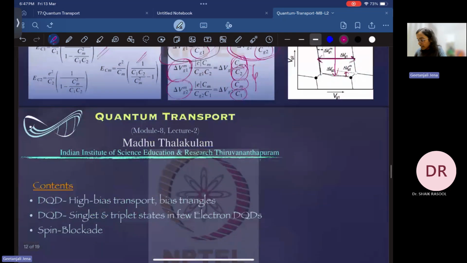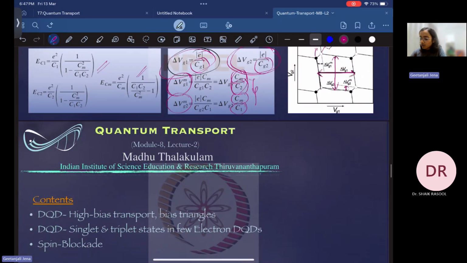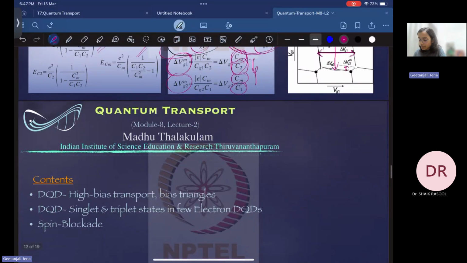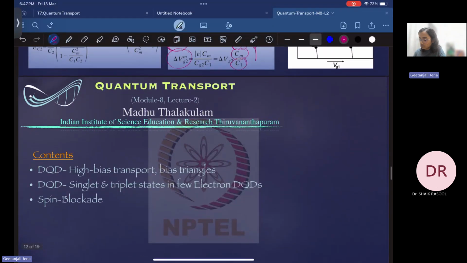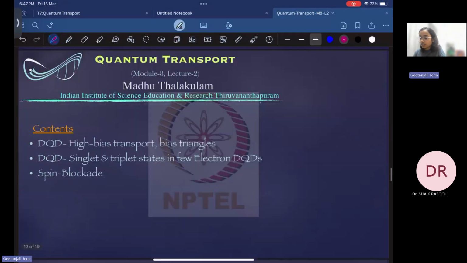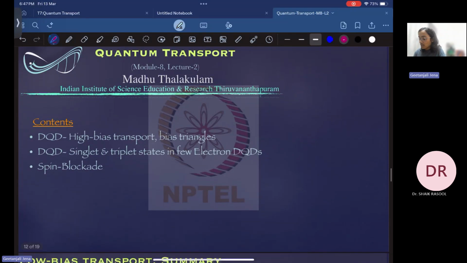For now, we'll see what will happen in the higher bias region. We have just been studying what happens in the lower bias region. Higher bias means we are applying more source to drain voltage as compared to the hexagonal, square or tilted pattern.